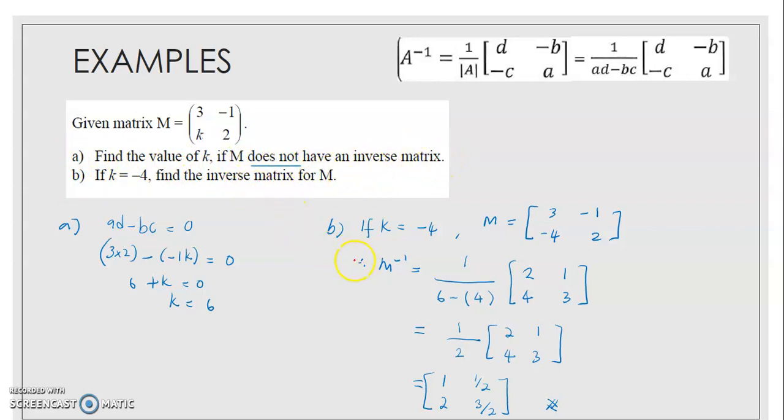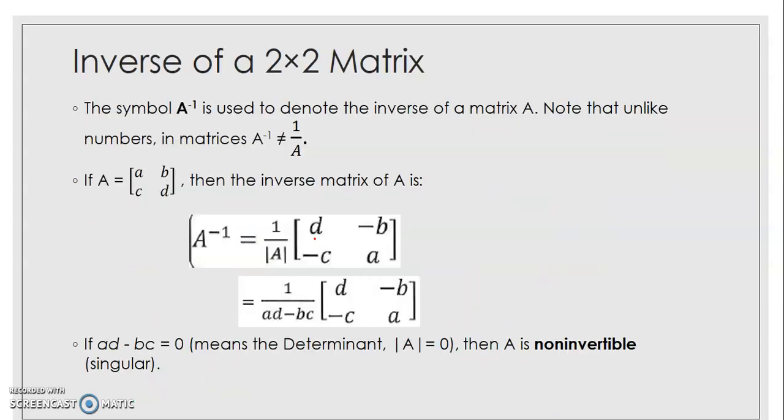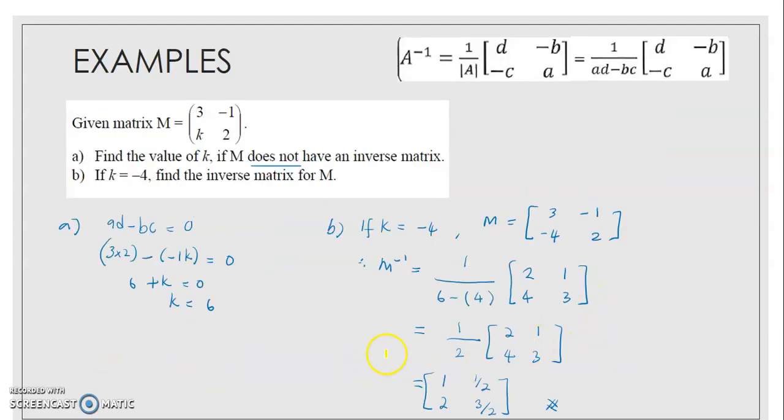Okay, do you remember the previous notes? If you look at this note, if AD minus BC equals 0, or in other words the determinant of A is equal to 0, then A is a non-invertible or singular matrix. So we get back to the question. Find the value of K if M does not have an inverse matrix.